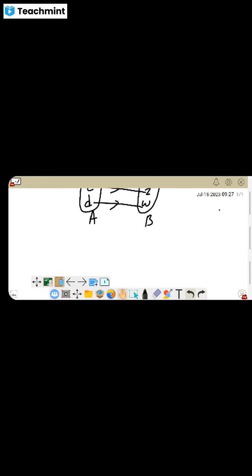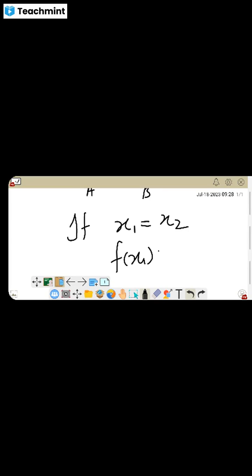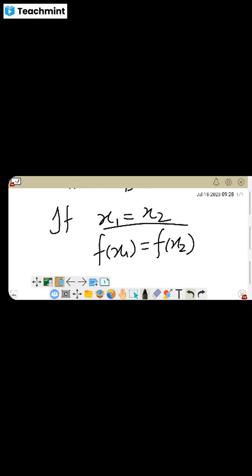And now let us understand by using a rule, because in our syllabus we use this property most frequently. If x1 is equal to x2 then it must be f(x1) is equal to f(x2). It means if we have two equal values then their function values must be equal.